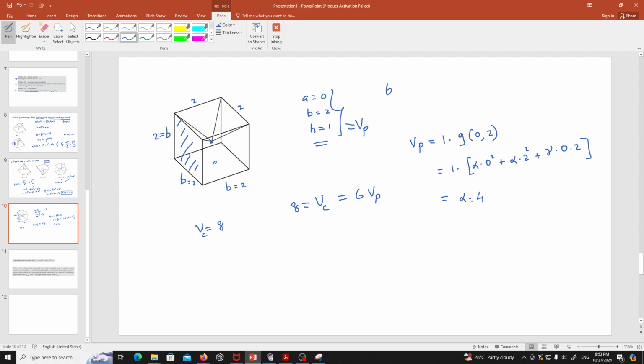But what is the actual volume of the pyramid? We can calculate that from here. Vp is equal to 8 divided by 6, so alpha into 4 is equal to 8 by 6.